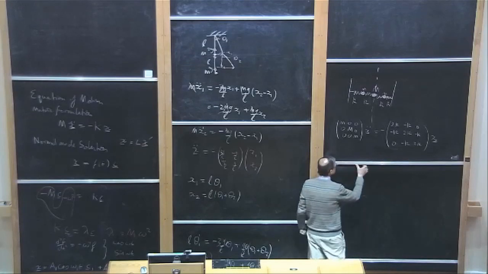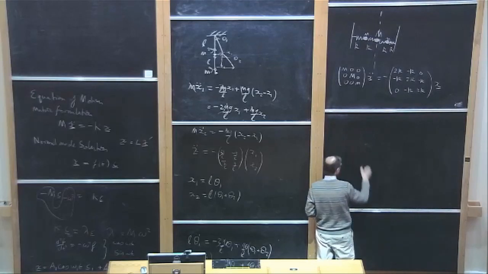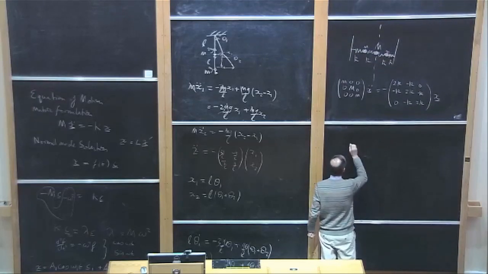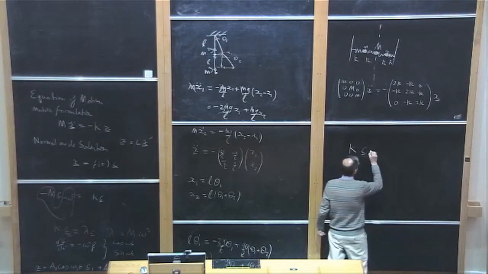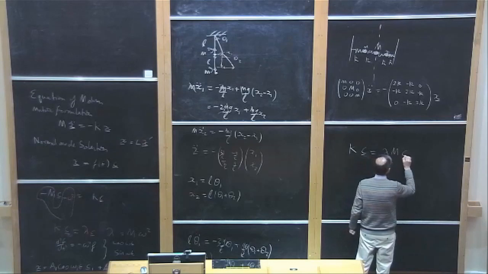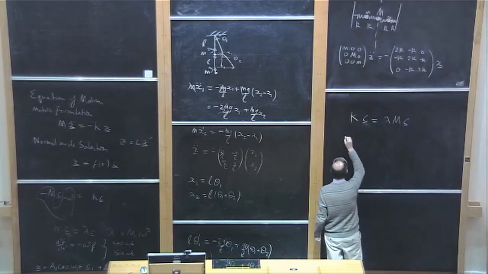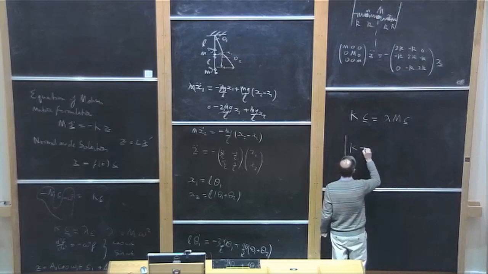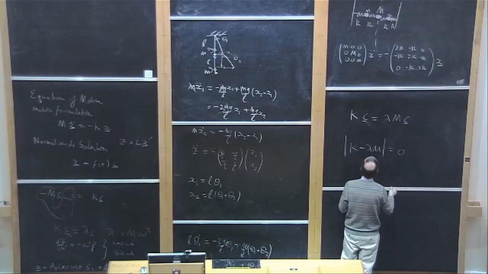So if we just write down the matrix we're trying to solve, it's K c equals lambda M c, and that will require the determinant of K minus lambda M equals 0.